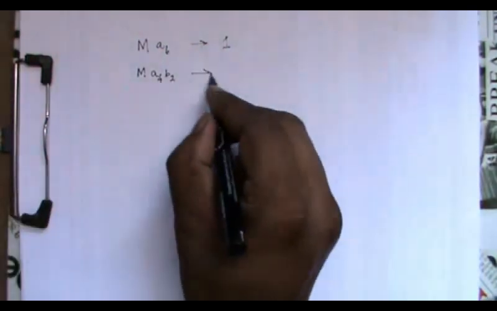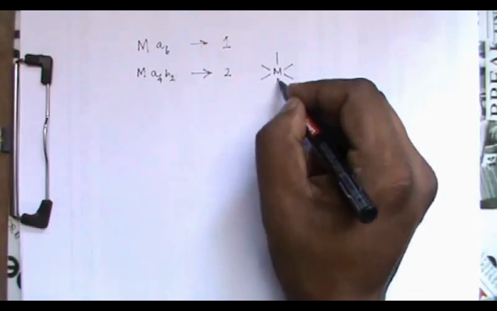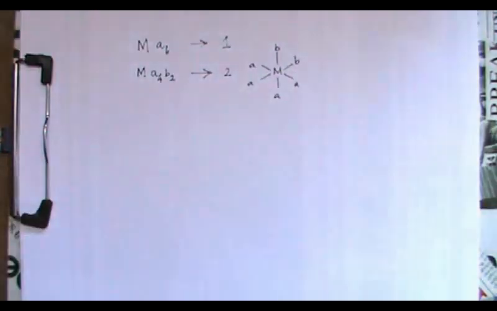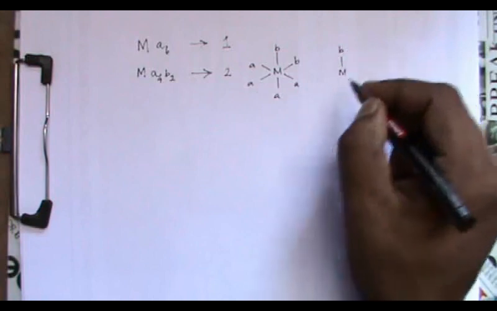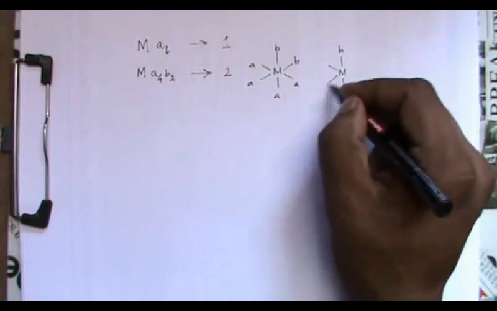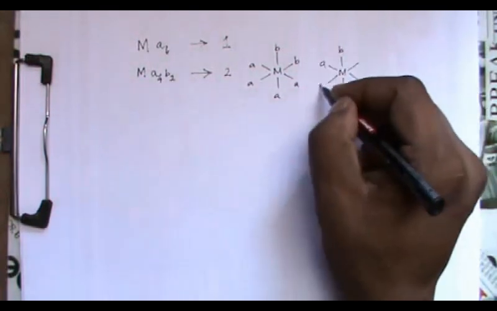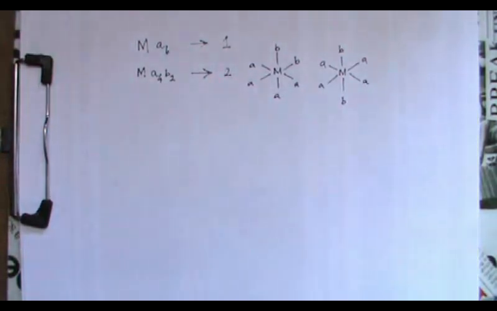So in that case, we have 2 possibilities, that is cis and trans. This is the cis complex. The other possibility is like this. Both are optically inactive. It has a plane of symmetry, because of that it is optically inactive.